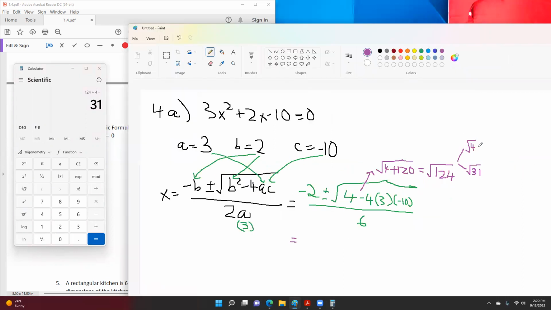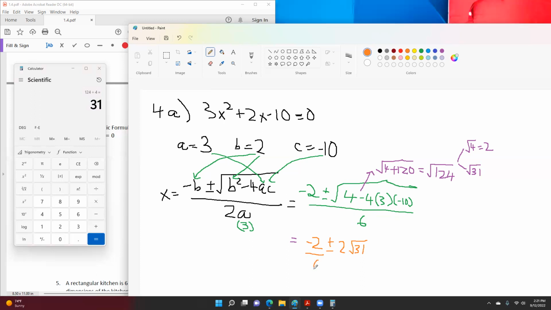And 4 is a perfect square of 2. So this will give us -2 plus and minus. This whole square root will be written down as 2 root 31, because root 124 is 2 root 31, over by 6.